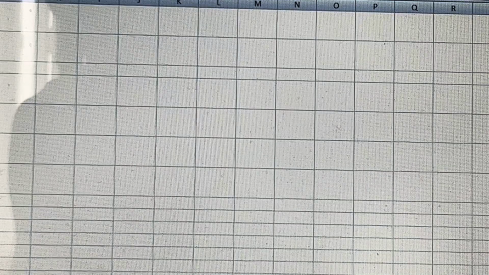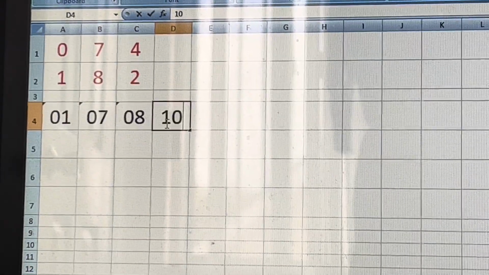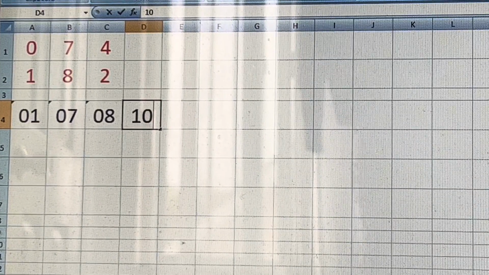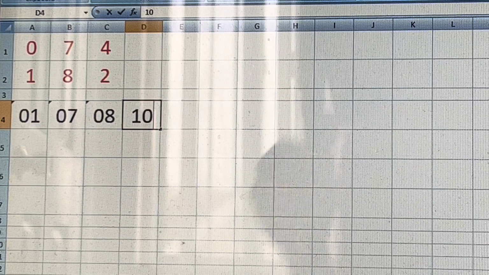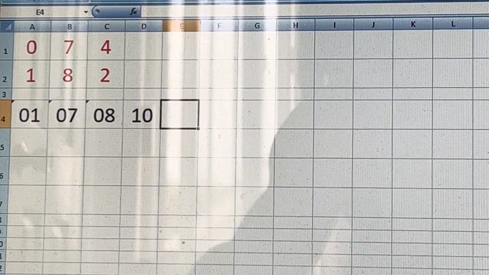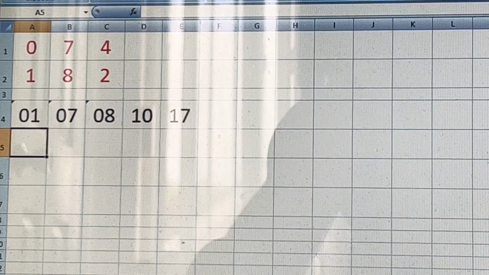Then 0, 7, 0, 8, and 10. So once you input the setup 0, 7, 4, 1, 8, 2, you go for the numbers 0, 1, 0, 7, 0, 8, 10, 17, 18.